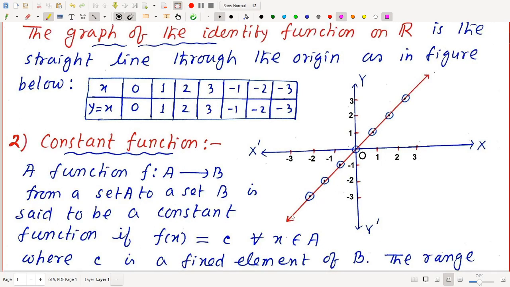So after plotting, if we join them, we see that we get a straight line extending up to infinity, passing through origin, making an angle 45 degree with x-axis and 45 degree with y-axis. So this is the graph of the identity function.